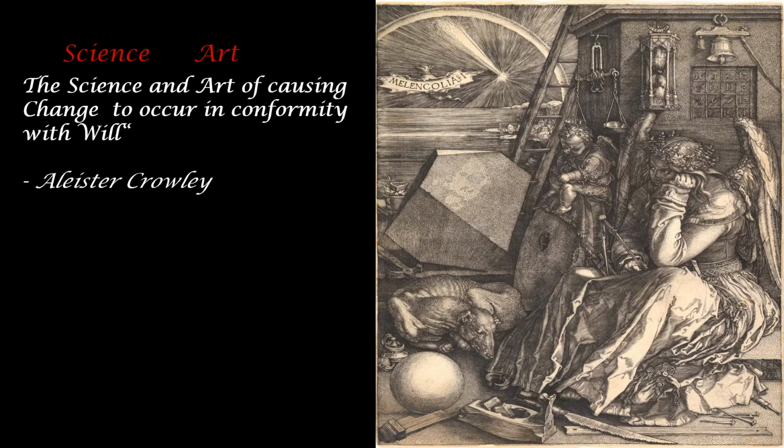As you can see here, this is just an example. This is a painting from Dürer, and we'll see there are thousands of examples of practical magic used in the art throughout history.